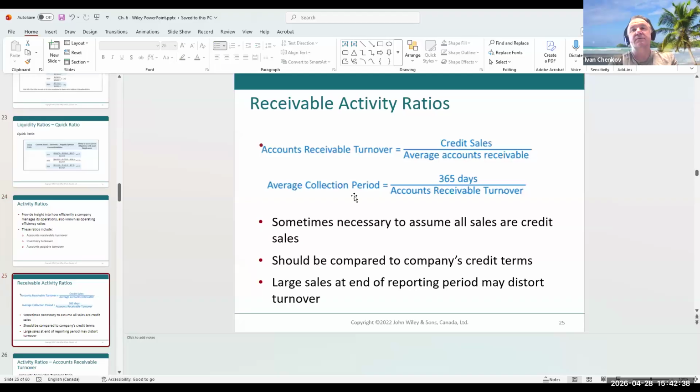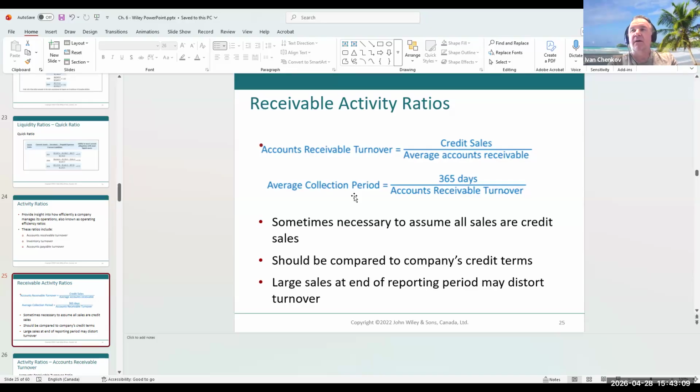In order to get the accounts receivable turnover, we have to get the sales, eliminate the cash sales, and leave only the sales on credit. Once we have the amount of the sales on credit, that will be our numerator. And as a denominator, we're going to use the average accounts receivable.